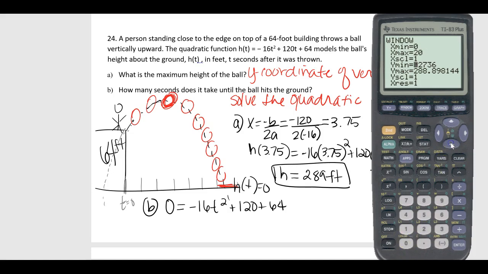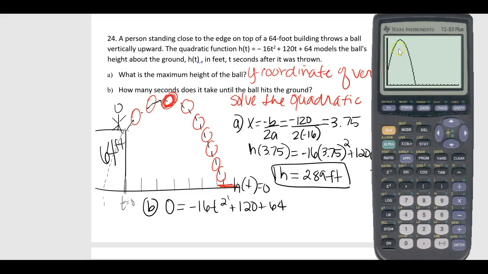And then the y minimum is my height. The minimum height is going to be 0, the ground. And then the y maximum, we know we want it to be a little higher than 64 because you're going to throw it upward. Oh, the maximum height, we know that it's 289. Let's make the y maximum 300. And then we should see more of what we want to see.